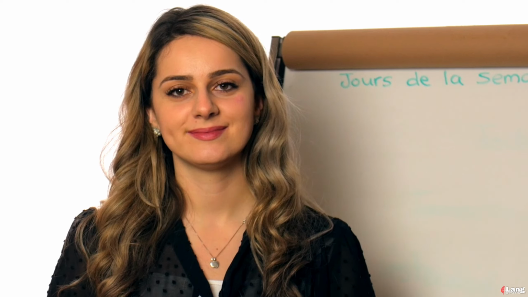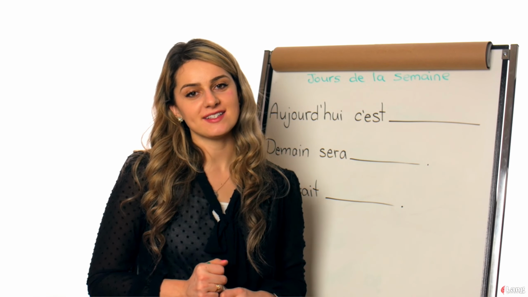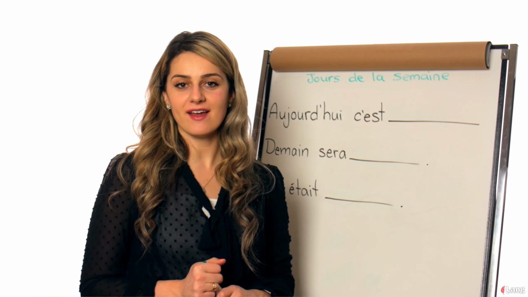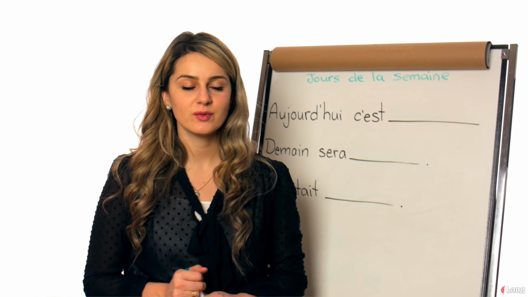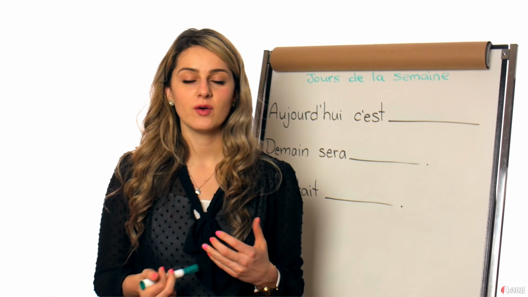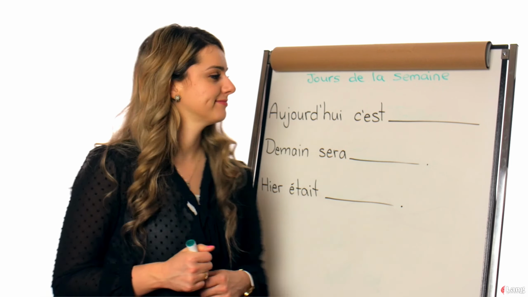Today is Thursday. How would you say that? Well, you would say it by aujourd'hui est jeudi. Now, to build our sentence, you can use the PDF file that I have provided, which is kind of like a cheat sheet, or just follow along.